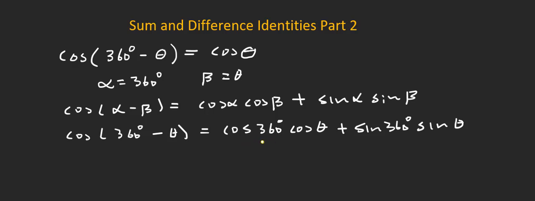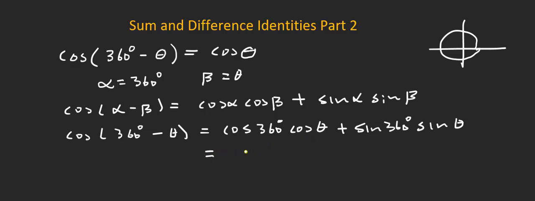What is cosine of 360? Well, that's the same thing as cosine of 0, because 0 and 360 are coterminal. So here's 0. If you go 360, you end up where 0 is. So cosine of 360 is the same thing as cosine of 0. And what is cosine of 0? It's 1.